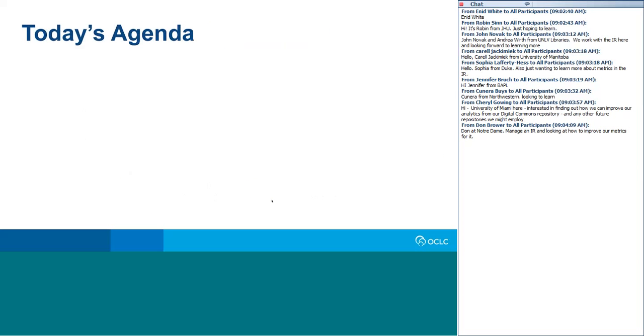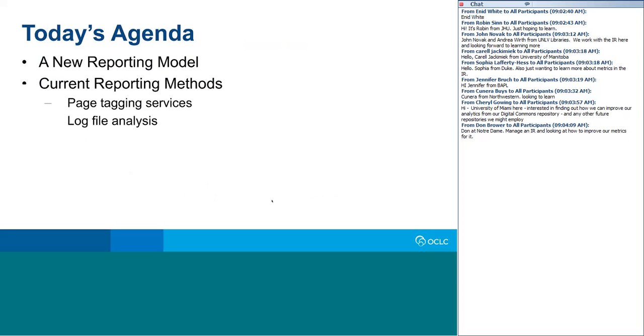So today, I'll just outline the agenda for you. We are going to start off by talking about a new reporting model that we would like to propose for counting use of institutional repositories. We'll move on to a brief description of the current reporting methods, both page tagging analytics services and log file analysis methods.